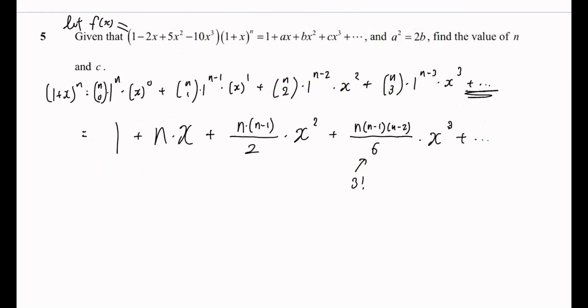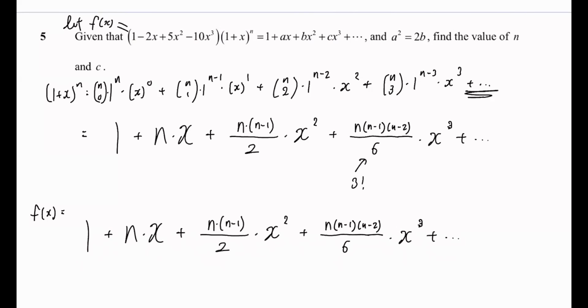So let's do that. So f of x is equal to, I'm just going to multiply straight away. Constant multiplied by constant, I'll get a 1. Constant multiplied by nx. Okay, actually, I'm just going to get 1 copy of this. So I'm just going to copy and paste this.